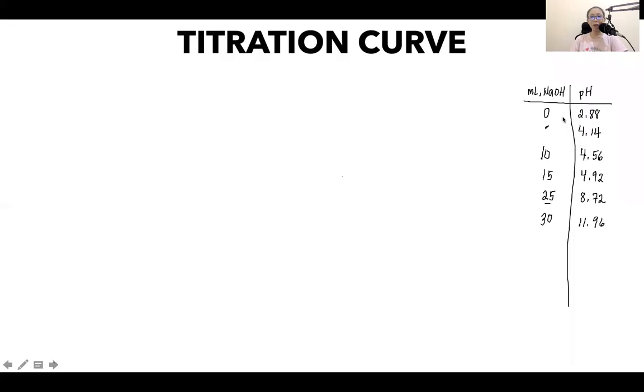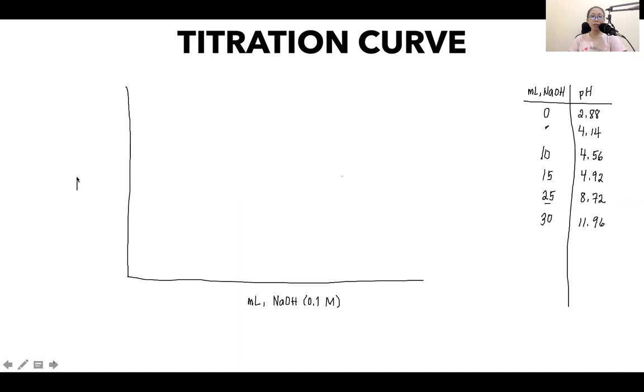We have our volume-pH data obtained from our theoretical calculations. So let's create a rough plot of our titration curve. Again, on the x-axis, you have the volume of your hydroxide solution. You can even indicate the concentration of your titrant. And then on the y-axis, you have the pH. So let's mark our volume.